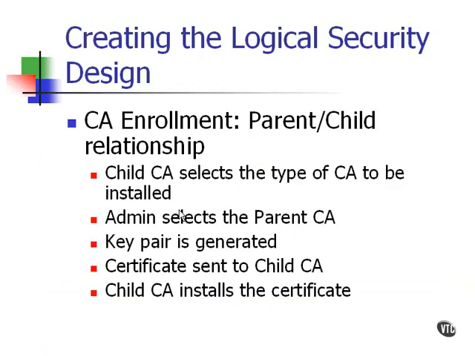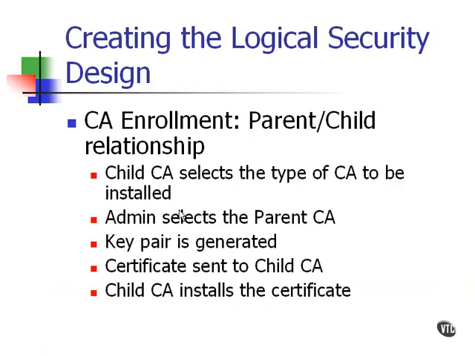First of all, the child administrator, the administrator of the child CA, will select the type of CA to be installed. And so as you've seen previously, this can be either a standalone subordinate CA or an enterprise subordinate CA. Then the administrator of the parent CA selects the proper parent CA, or enters the parent CA, from which the child is going to request the certificate.